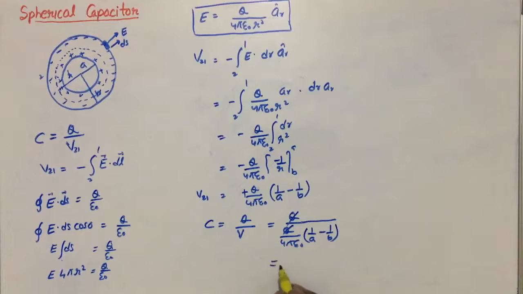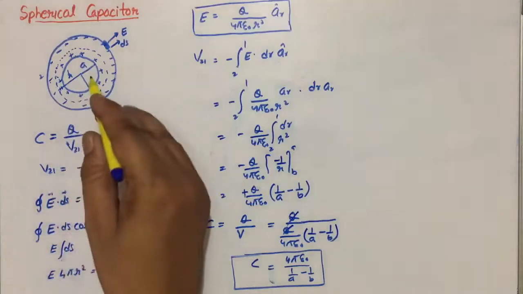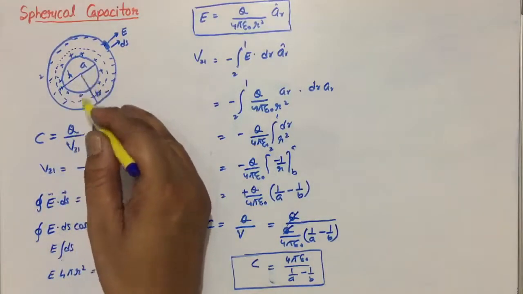So what we can say, 4 pi epsilon naught divided by 1 by a minus 1 by b is equal to C. In this way, this is the capacitance of the spherical conductor of inner radius a, outer radius b.